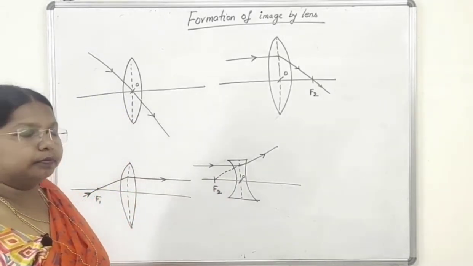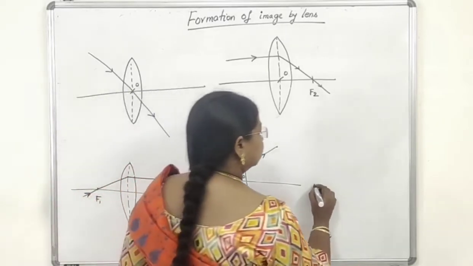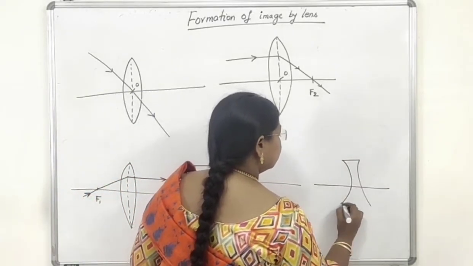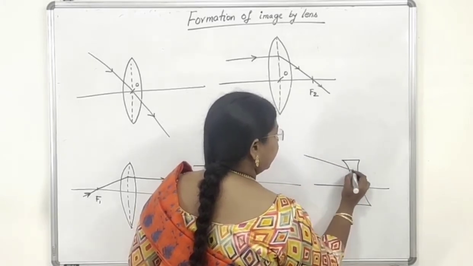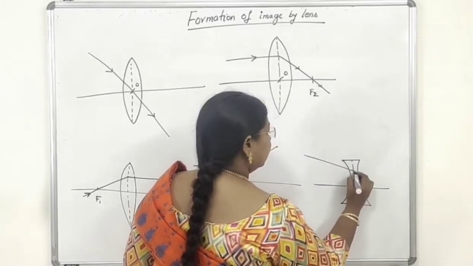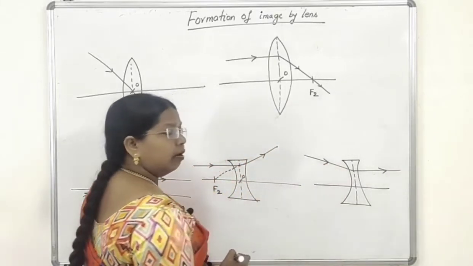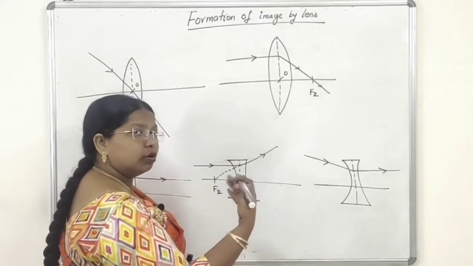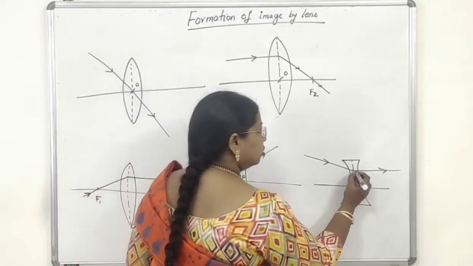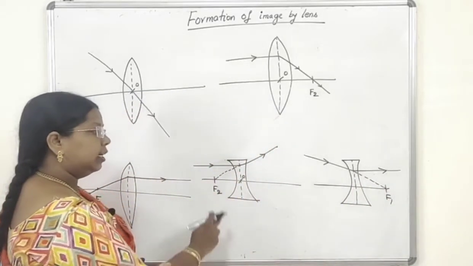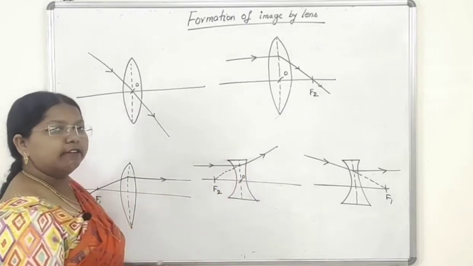When a divergent beam is coming, it goes parallel to the principal axis. So it appears to meet here, F1. It appears to come from this point, F2.